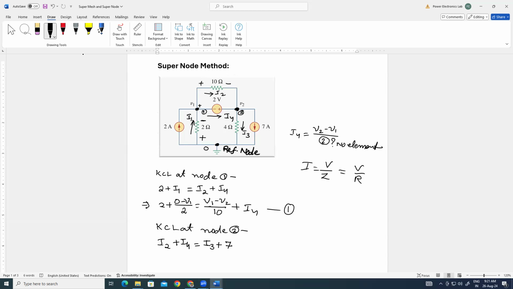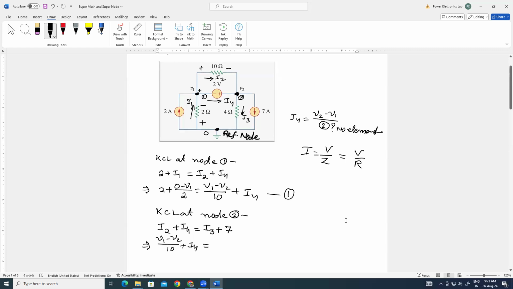Two incoming currents, I2 and I4, two outgoing currents, I3 and 7. So I2 we can directly write: (V1 minus V2) by 10 plus I4 is equal to I3, which is (V2 minus 0) by 4, plus 7.